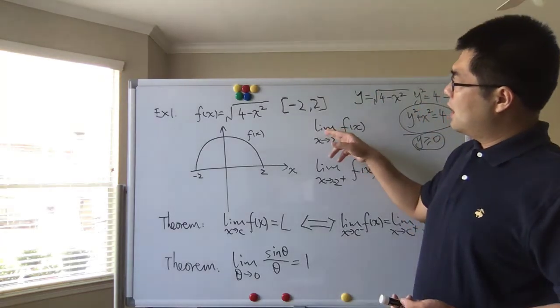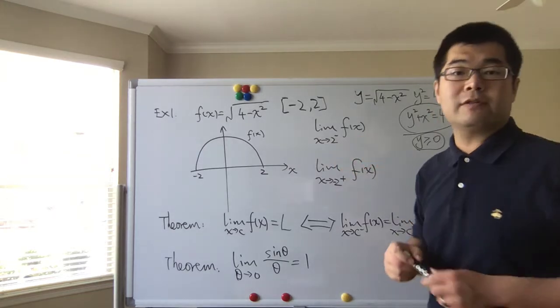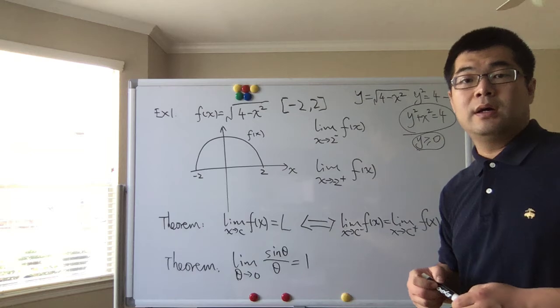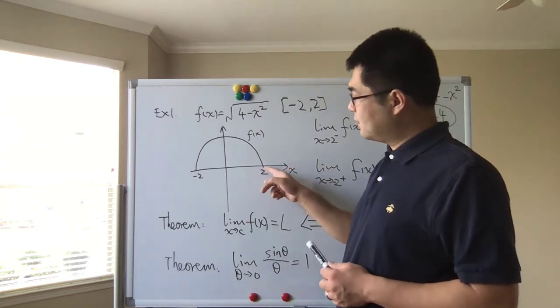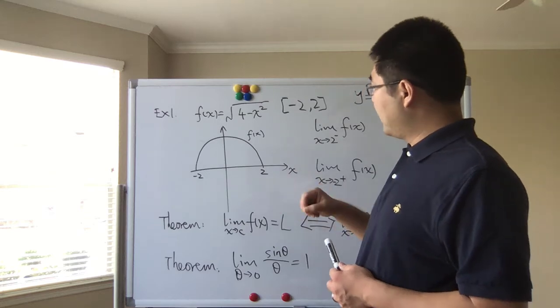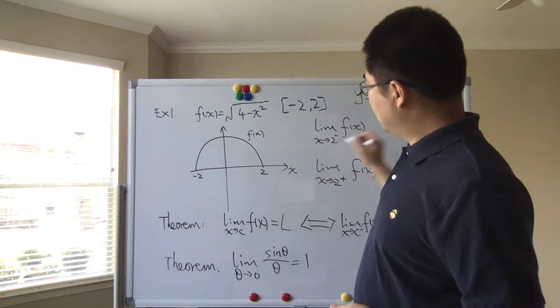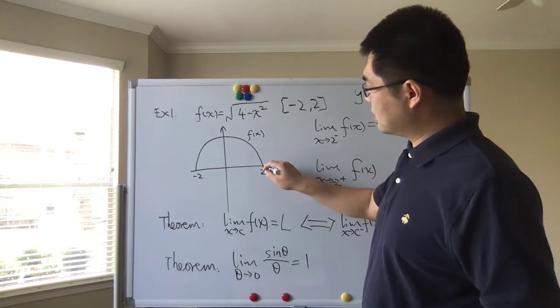So let's look at these two questions. The limit as x approaches 2 from the left of f of x, what does that limit equal? As we can see from the graph, this is our domain from negative 2 to 2, and the left side limit at 2 equals 0, which is here.